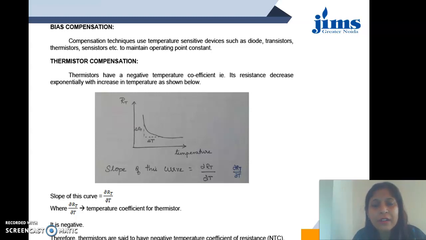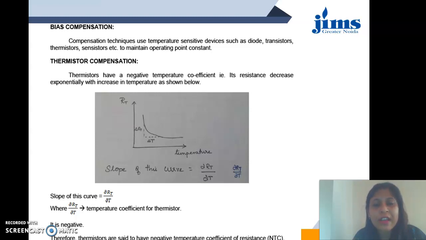So here few methods are shown as per the syllabus. So first method is showing you the thermistor compensation technique. In the thermistor compensation technique, thermistor is a device which is connected in that circuit. It is called a thermal resistor. So this particular material is made up of a semiconductor and which has the property of negative temperature coefficient of resistance.